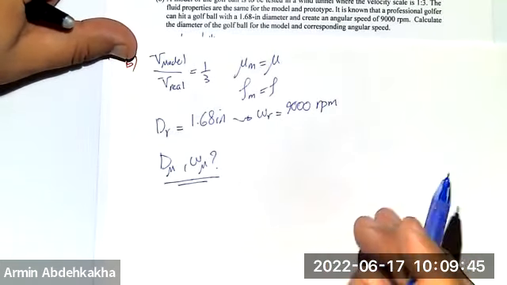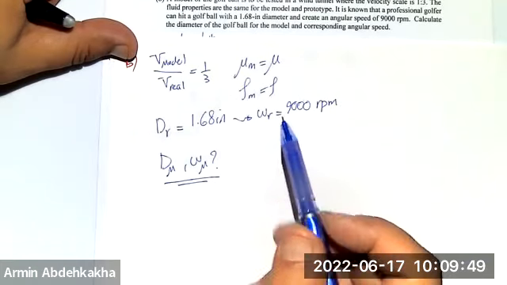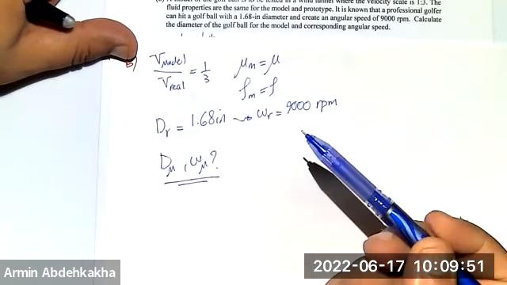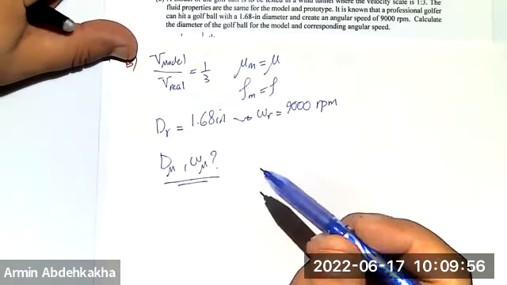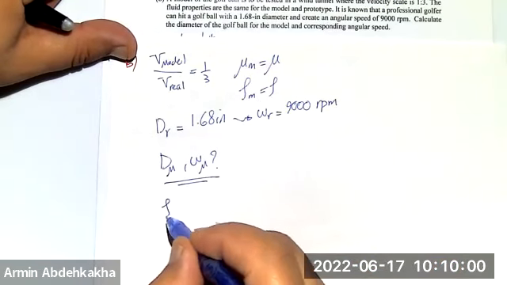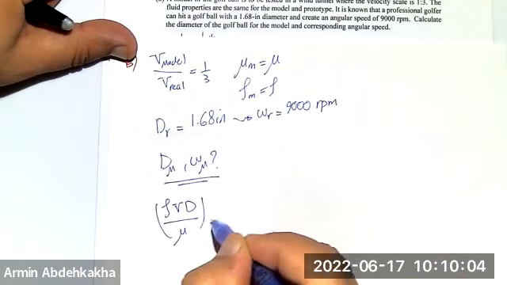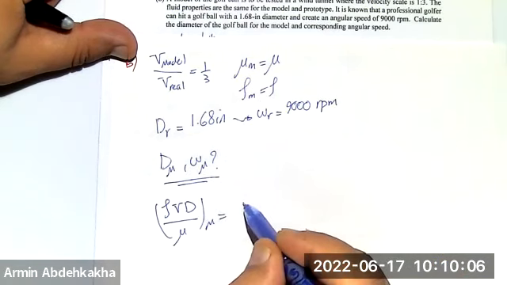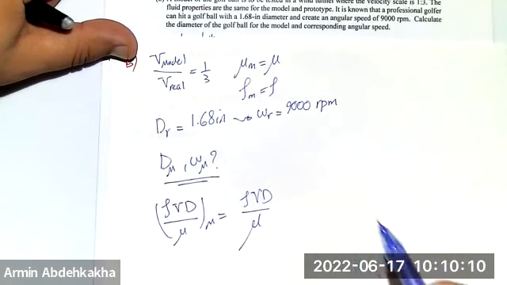How can we find it using the pi terms, okay? Just select the pi terms that have D, omega, and V, because these are given, right? One of those is Reynolds. That's why Reynolds is very important. Okay, so rho V D over mu in the model should be equal to rho V D over mu in the real case, okay?